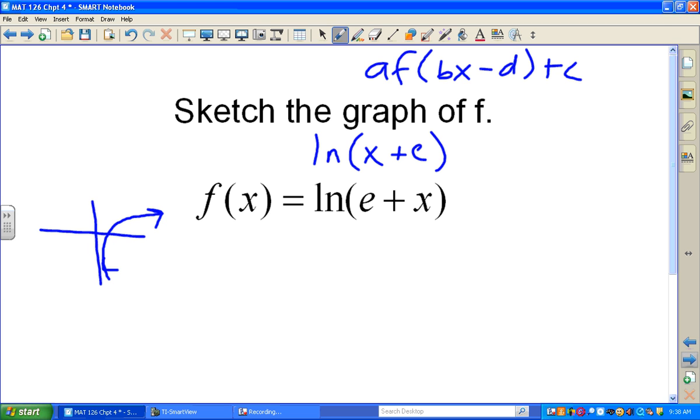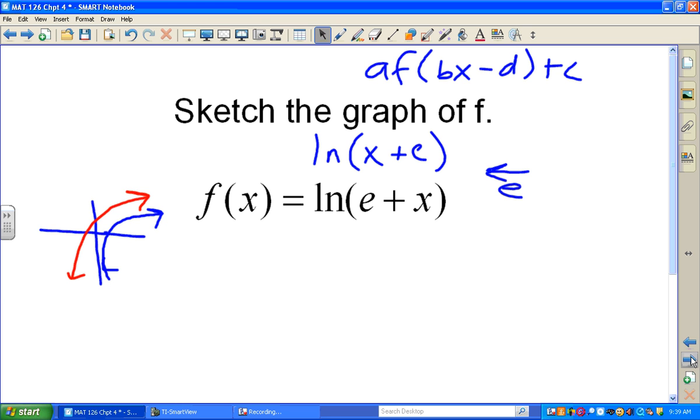It moves the graph, and in this case, it moves it left e units. Remember, e is a number like 2.7 something. So the vertical asymptote, instead of being at 0, will be at negative e.